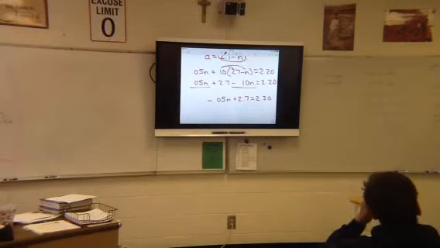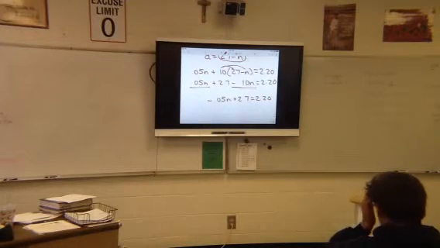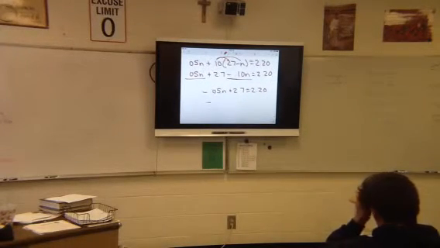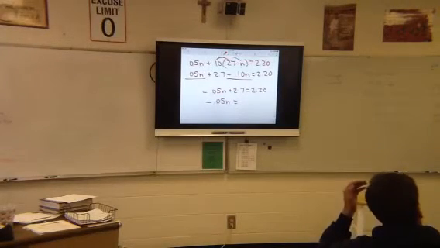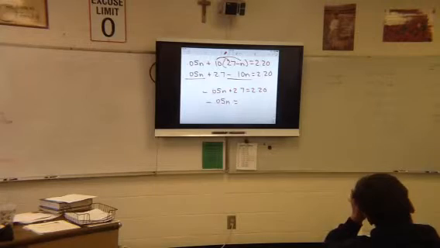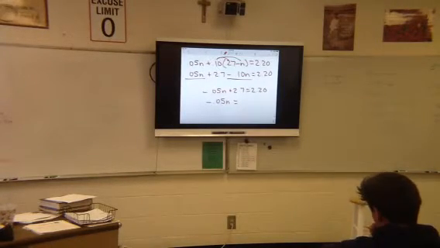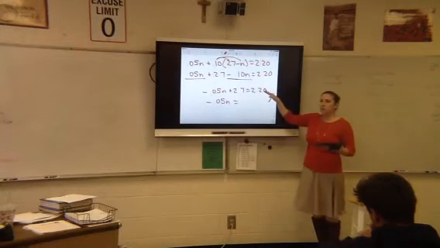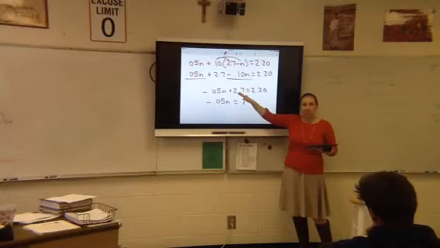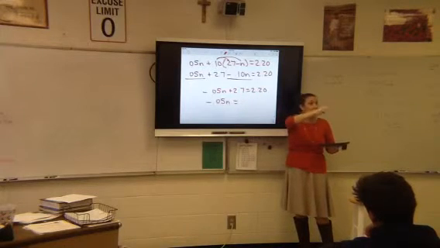Okay, our next step would be to do what, Evan? Subtract 2.7. Good, subtract the 2.7 over. So I have negative 5 cents n equals, now I subtract that 2.7, what do we get there? If you have $2.20 and you're taking it off $2.70, negative 0.5, yeah, 50 cents, right?